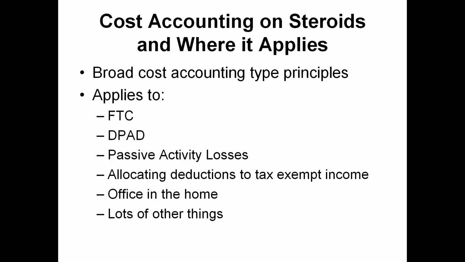So these things you see listed on the screen, foreign tax credit, DPAD, passive activity losses, each of those is an operative section. Now, one of the things I haven't listed here, because we're going to cover it later, is subpart F. So again, the 861 rules are all pervasive.